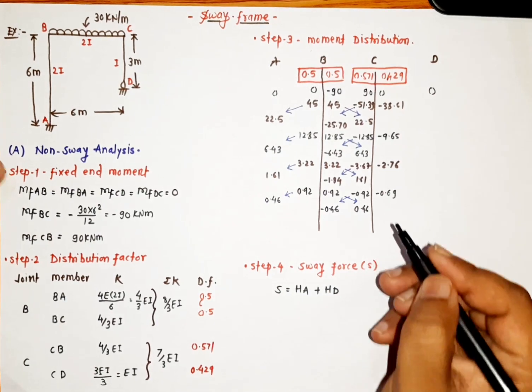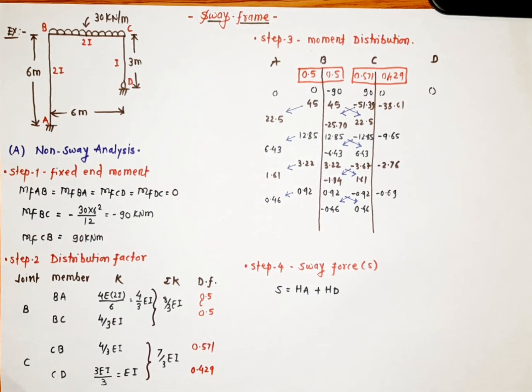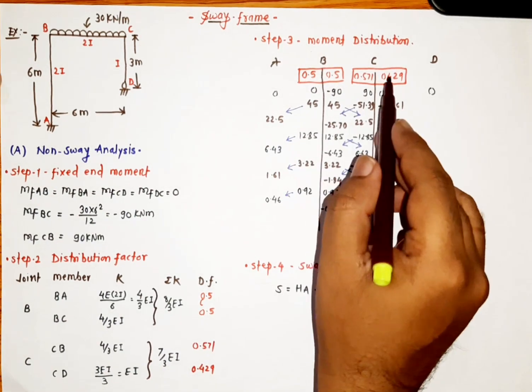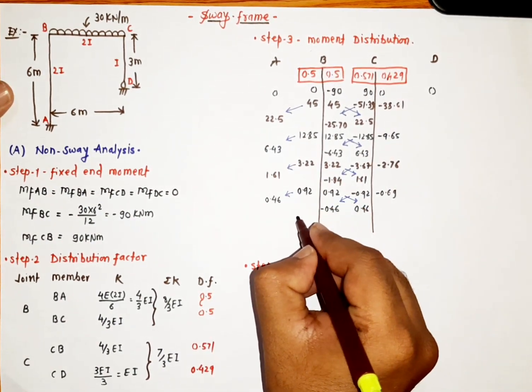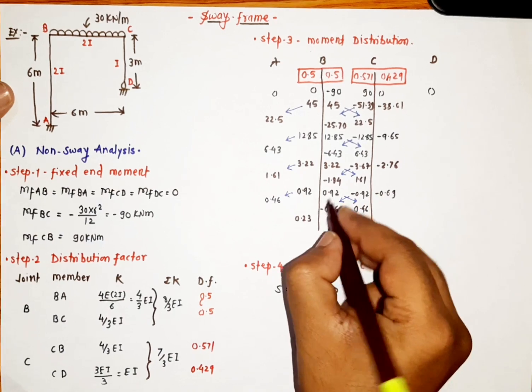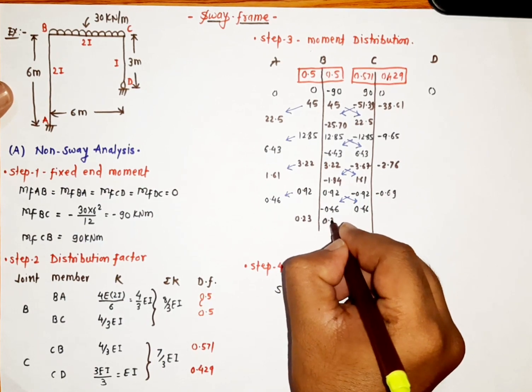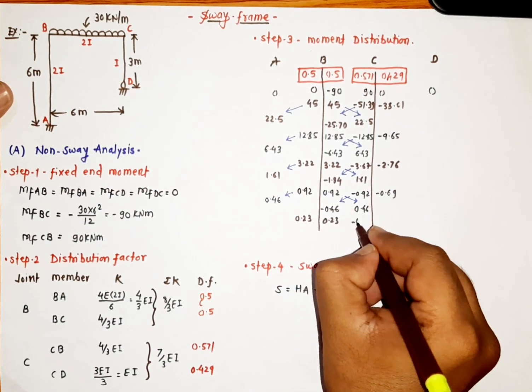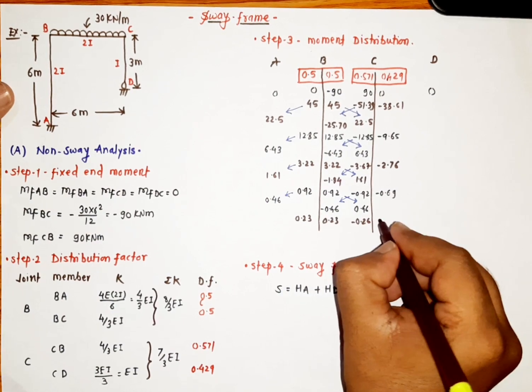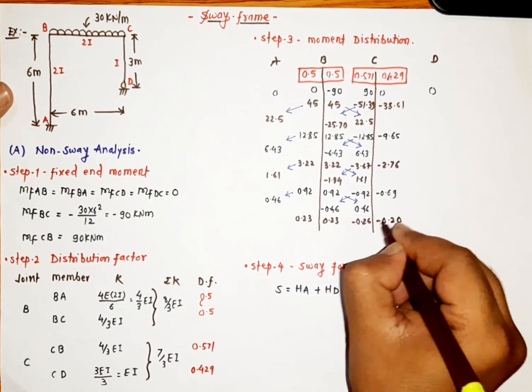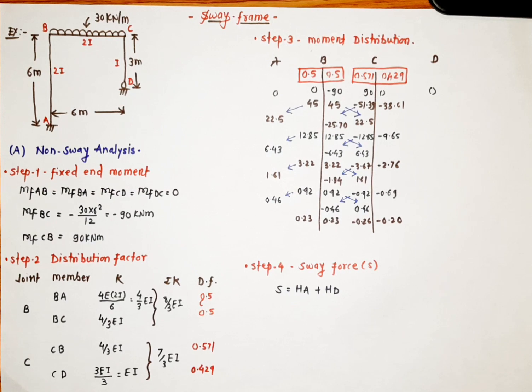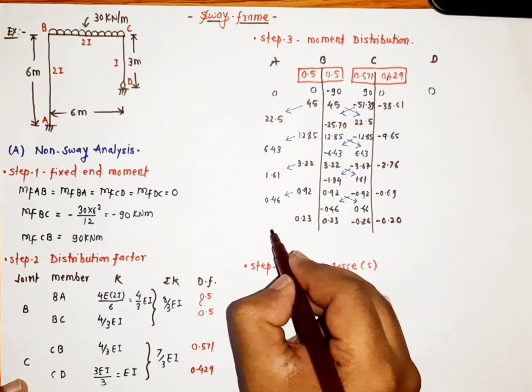So now we'll do a last iteration, that is nothing but 0.46 to all these distribution factors. So it will be 0.23, it will be 0.23 same, this will be minus 0.26, and this will be minus 0.20 because we are writing the opposite sign. So ultimately this completes our iteration.